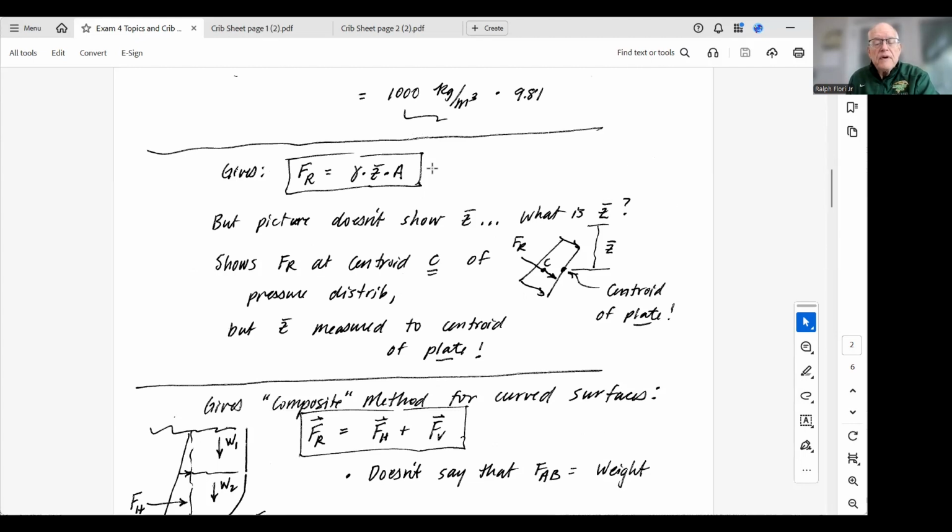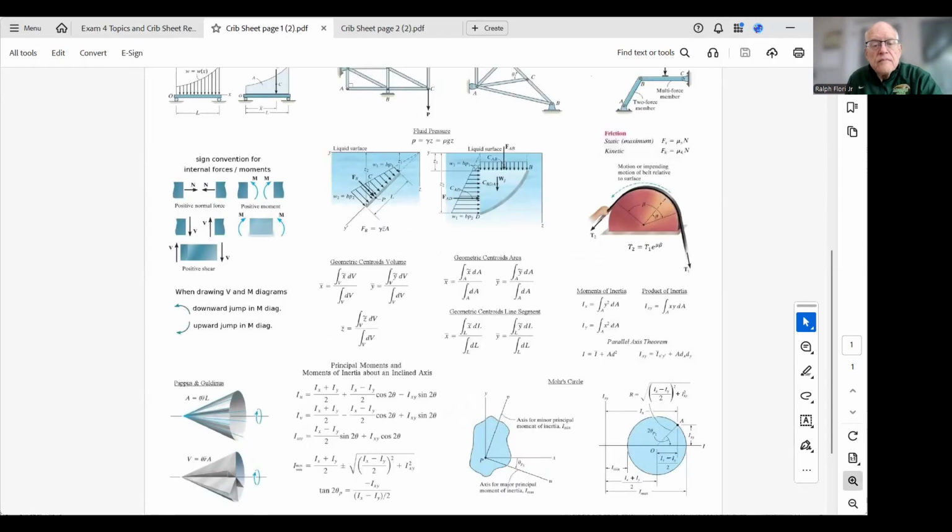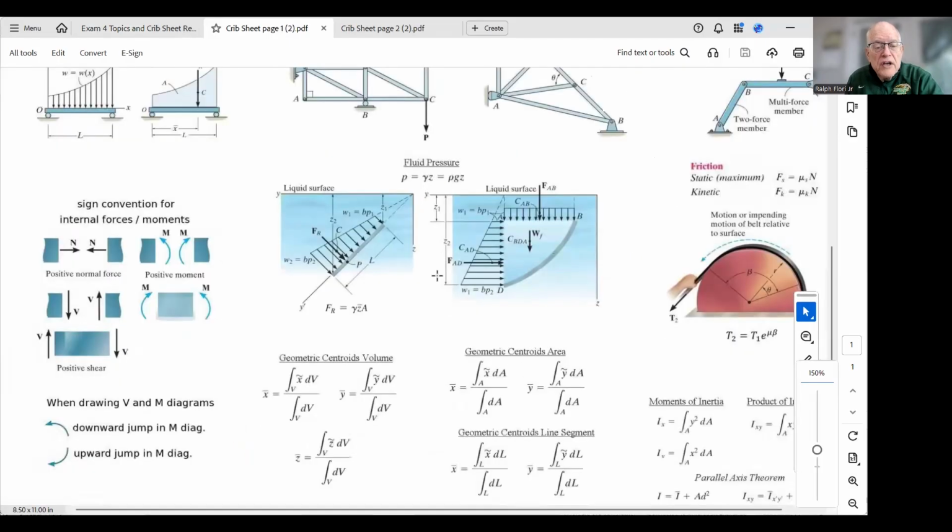Another formula it gives is the resultant force on a plate is equal to gamma times z bar times area. But the picture doesn't show z bar. We look back at the crib sheet and zoom in on this picture. It gives F_R is equal to gamma times z bar times area. It gives a z1 here, and a z2 here.